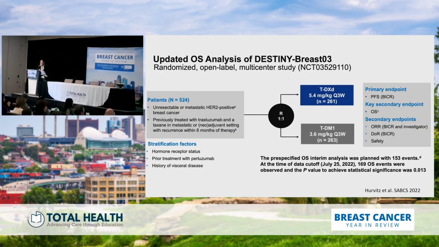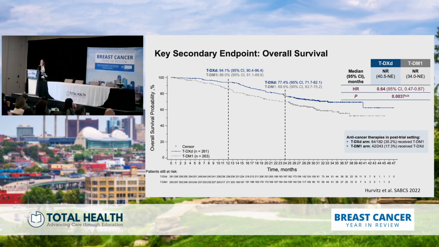And that led to a number of other studies, including this one, Destiny-Breast03. This is the randomized study that took patients, again, with HER2 positive disease and randomized them essentially in the second-line setting to receive either trastuzumab deruxtecan or the standard of care at that time for second-line treatment for HER2 metastatic disease, TDM1.